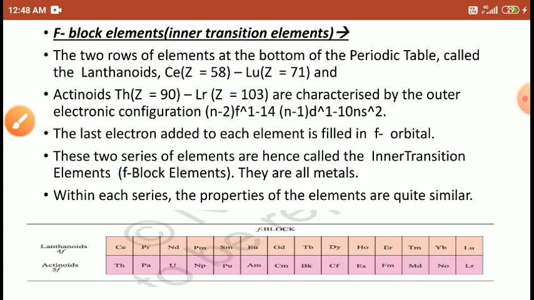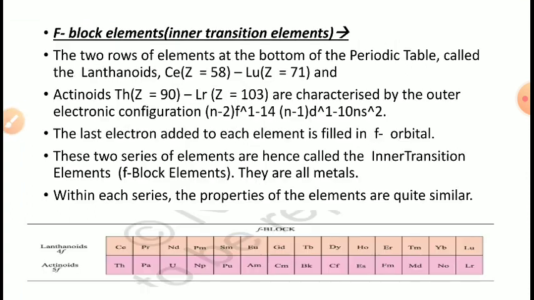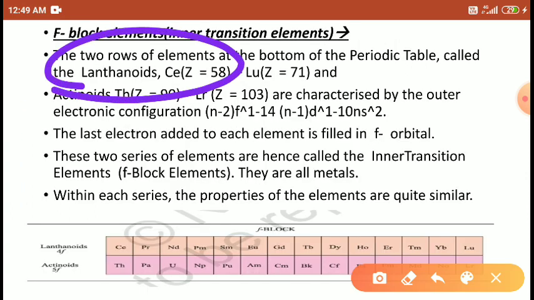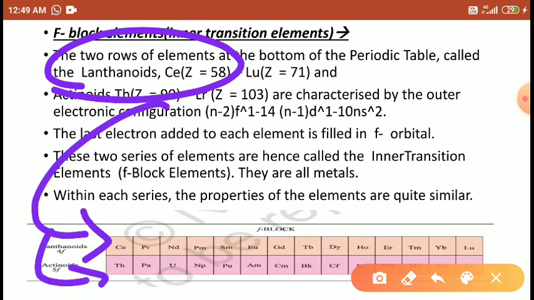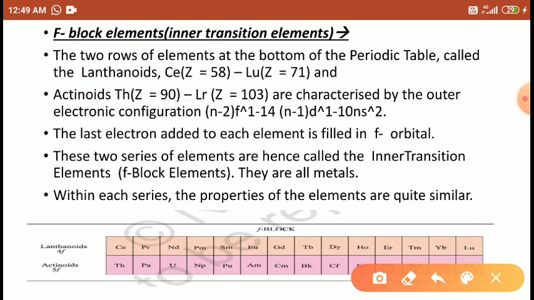Lanthanides contain cerium to lutetium, atomic number 58 to 71, and actinides are thorium to lawrencium, atomic number 90 to 103.